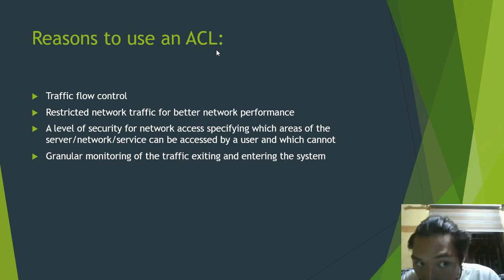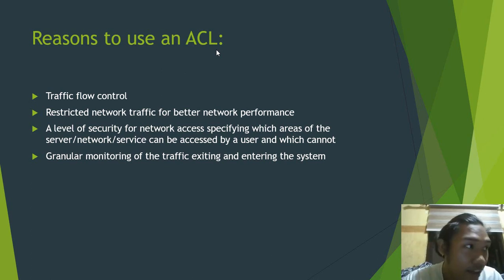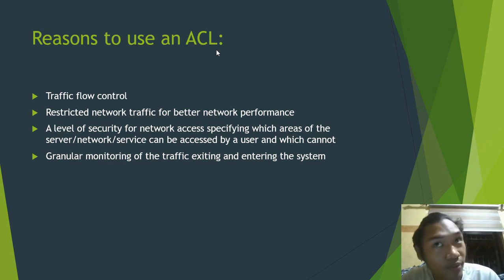Number three, a level of security for network access, specifying which areas of the server network services can be accessed by the user and which cannot. The level of security is high for network access, and it will specify which areas of the server network services can be accessed by the user, and those non-users will not have access. Number four, granular monitoring of the traffic exiting and entering the system.